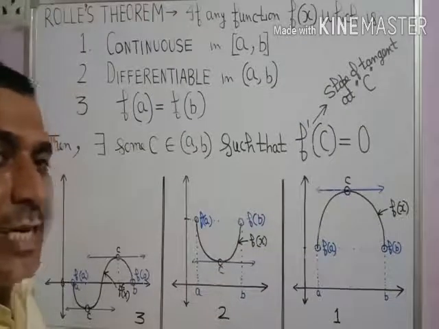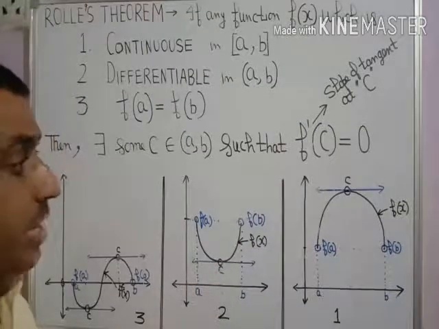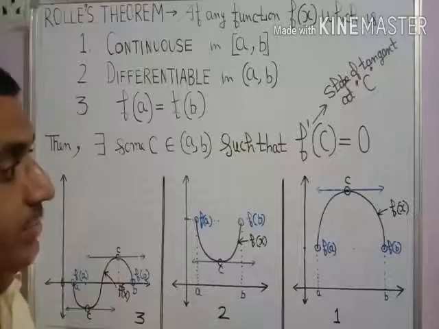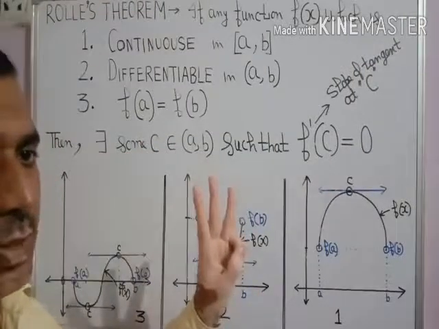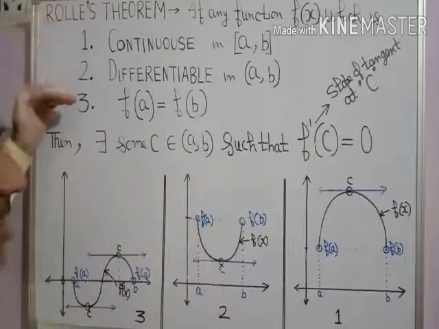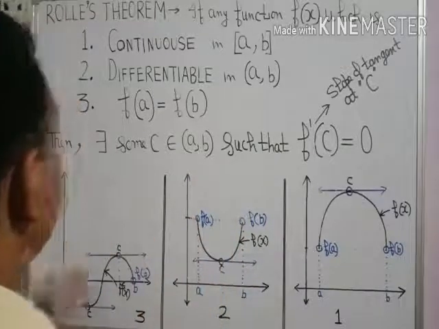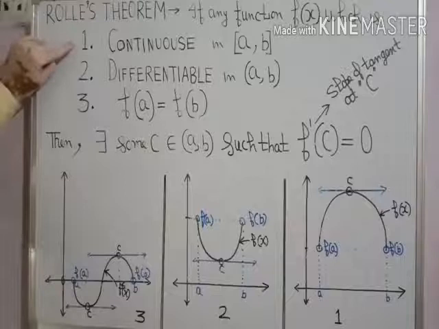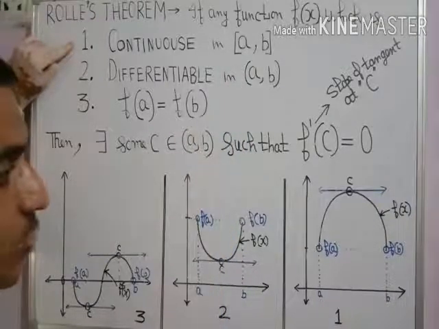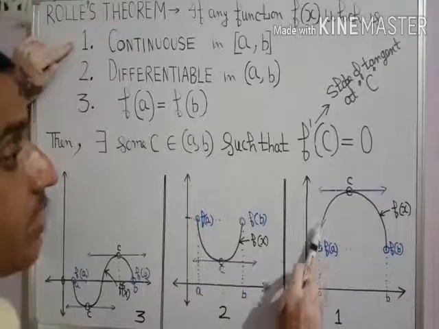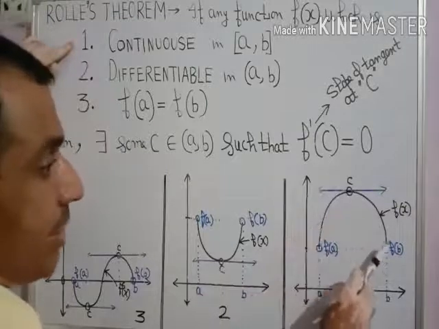Let us understand it easily with the help of graphical representation. Here I have taken three possibilities of graph which satisfy these conditions. You see one by one. First, the function is continuous in closed interval a comma b. In the first case, you see this function is continuous from a point to b point.